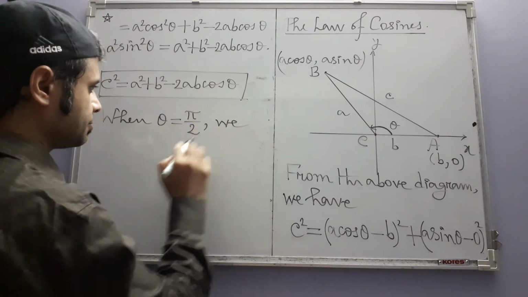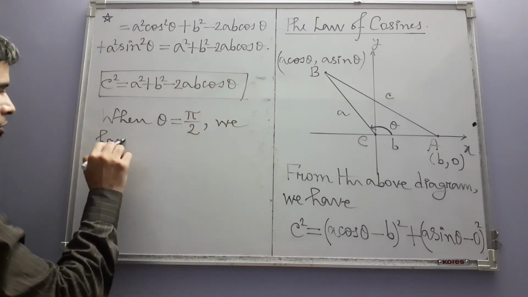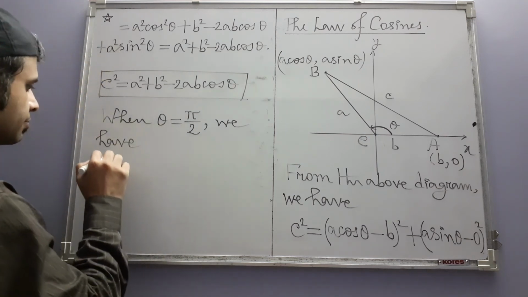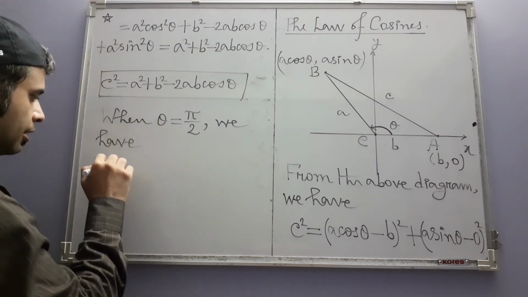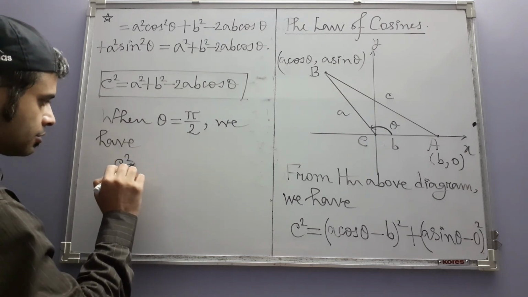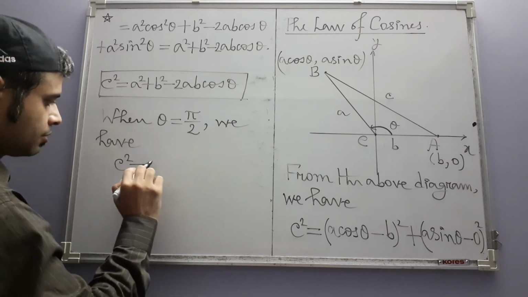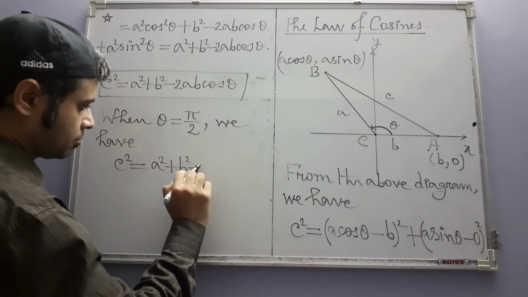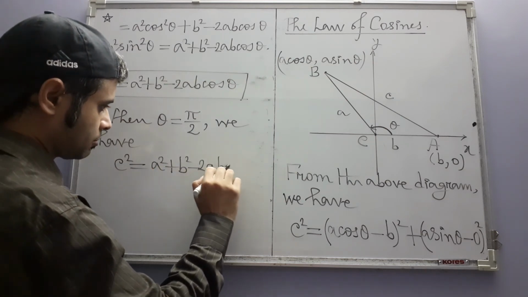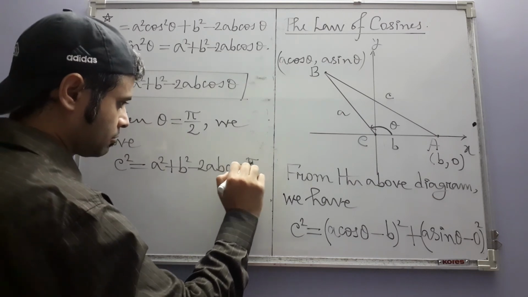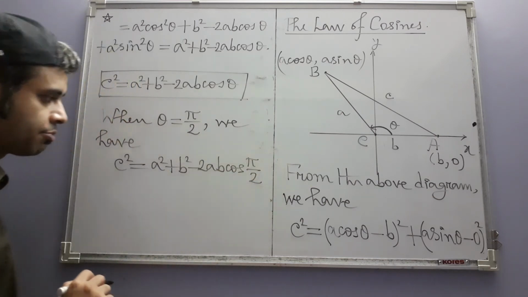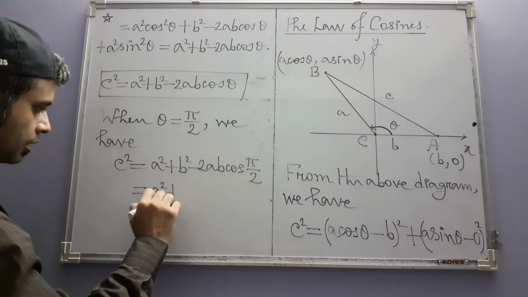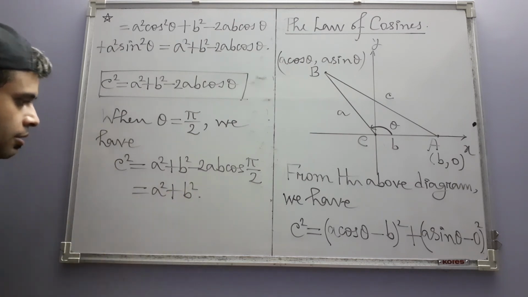Because for such a triangle also this law of cosines is true, so in that case we have c squared equal to, but cosine of pi by 2 is 0, so that is equal to a squared plus b squared.